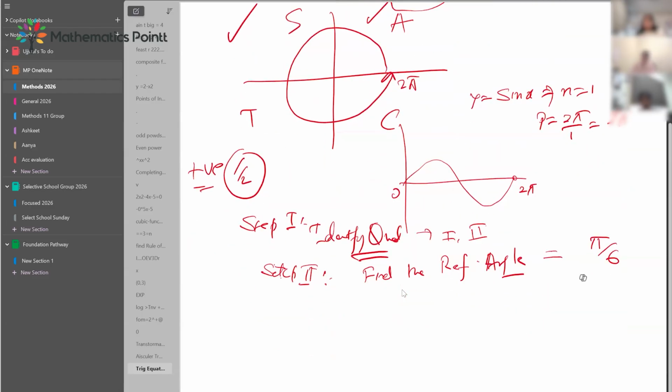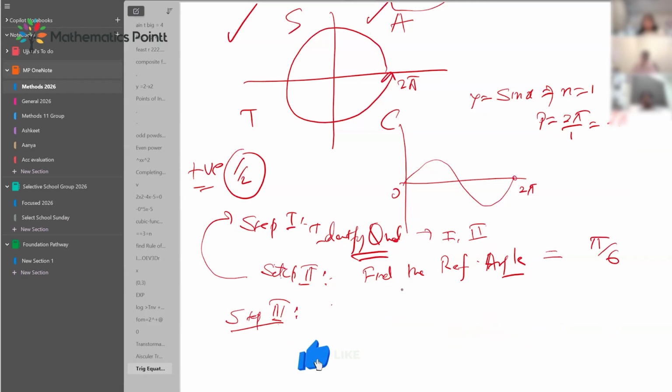Now I come back to the quadrants that I've identified in step 1. And here is step 3. Go back to step 1 and change the reference angle as per the quadrants identified.